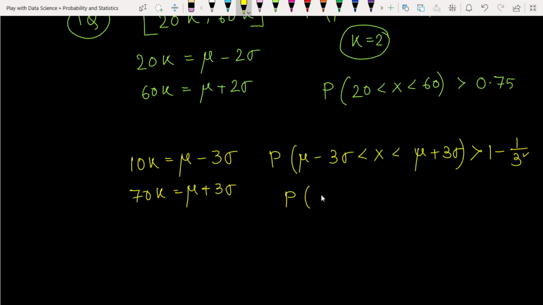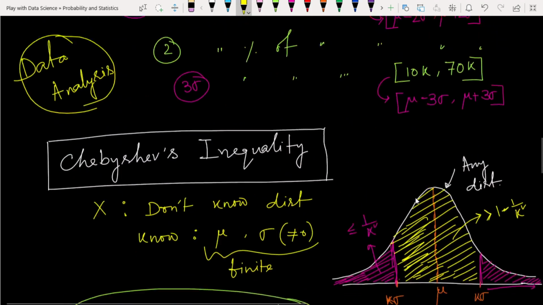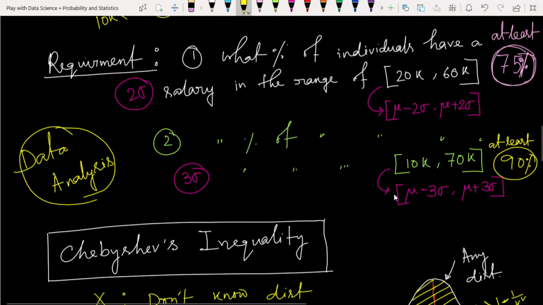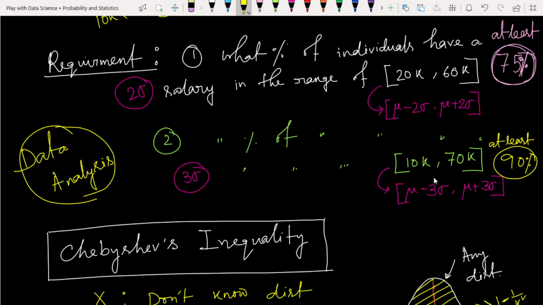So the probability of 10 to 70 will be at least 1 minus 1 by 3 squared, which is 8 by 9, approximately 90%. So at least this many employees lie in this range.